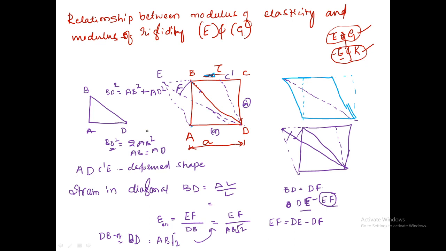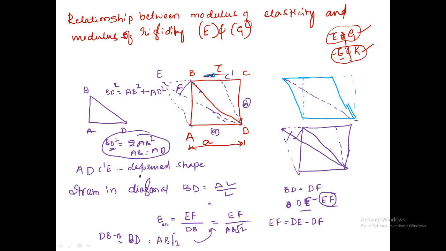How will you get the root 2? By this equation you are going to get root 2. Now the angle of deformation is very small, so you can assume this angle as BEF.